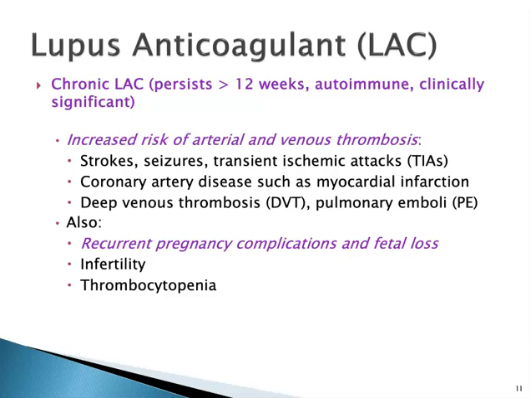It increases the risk for arterial and venous thrombosis, which can relate to stroke, seizures, transient ischemic attacks, coronary artery disease like a myocardial infarction, and deep vein thrombosis or pulmonary emboli. Also, chronic lupus anticoagulants have been implicated with recurrent pregnancy complications and fetal loss, infertility, and thrombocytopenia.